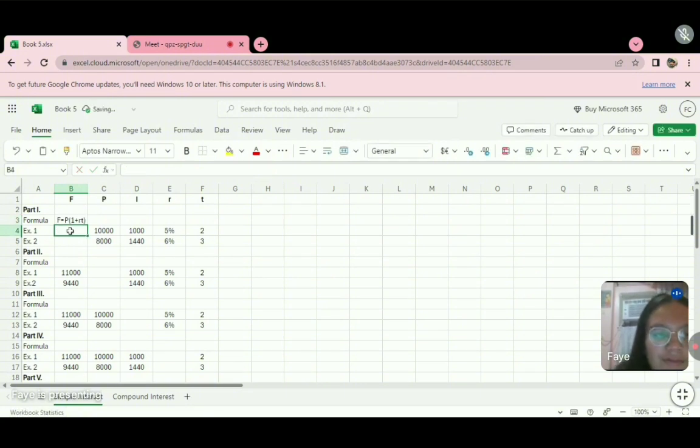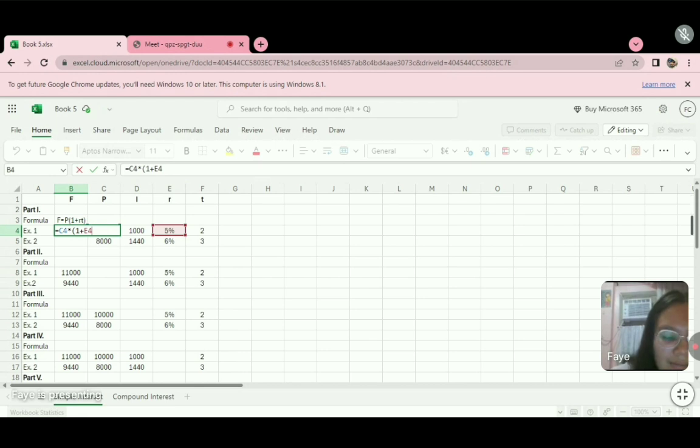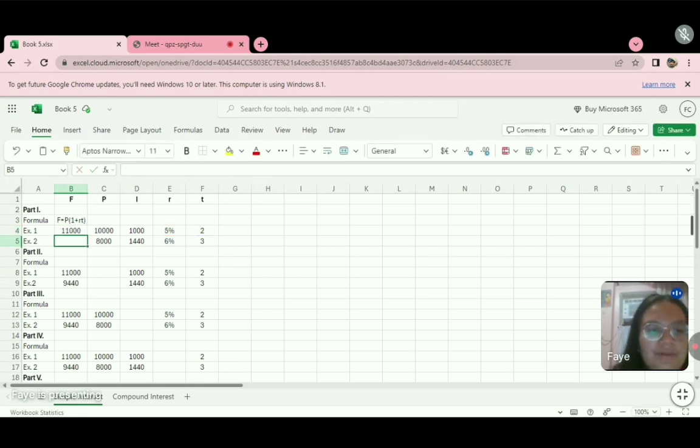For example 1, let us look for the future value. F equals P multiplied by quantity 1 plus R multiplied by T. My keyboard is malfunctioning. So we get 11,000 as our future value.